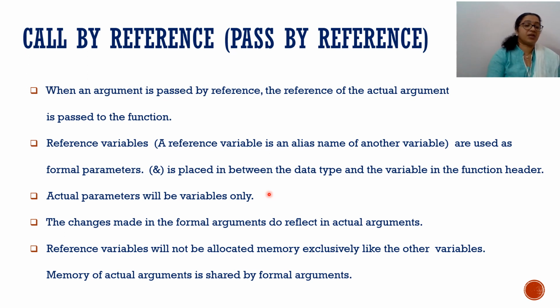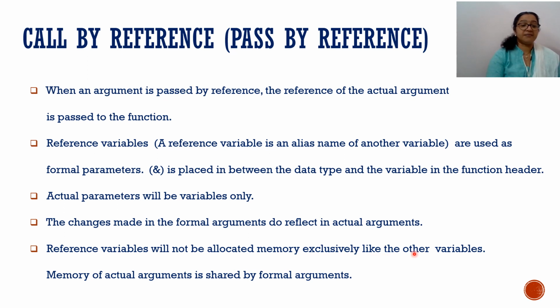Clear? Now see the next point. The changes made in the formal arguments do reflect in the actual arguments. When you are using call by reference, if any change is made in the formal one, it will automatically affect the actual one. How? See this: reference variables will not be allocated memory exclusively like other variables.